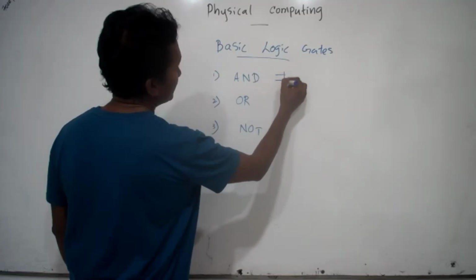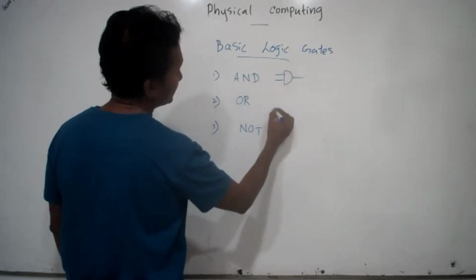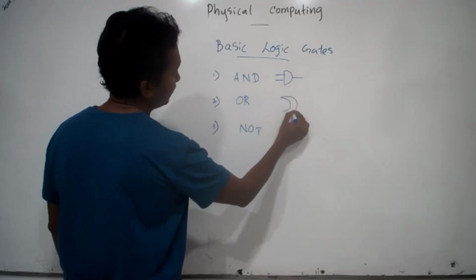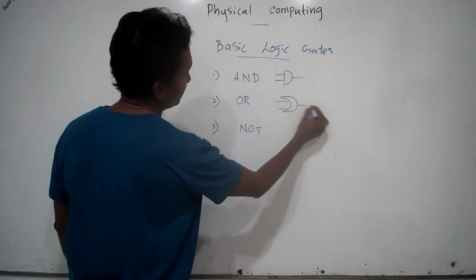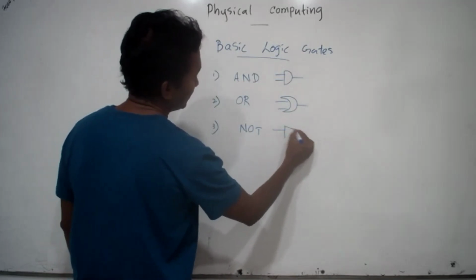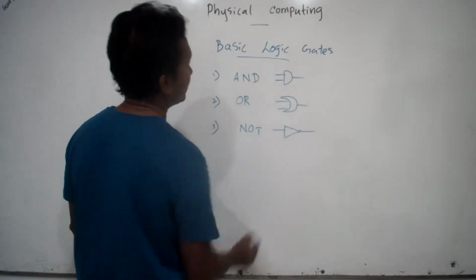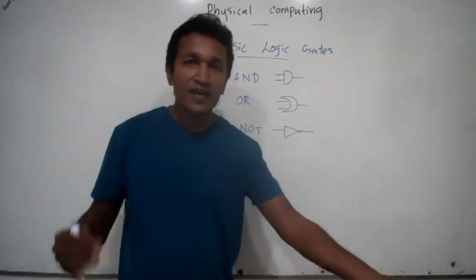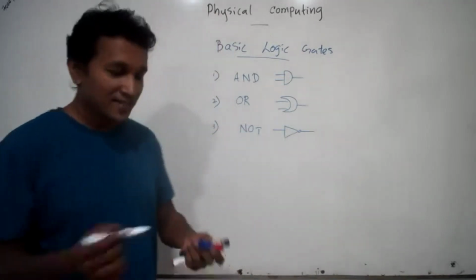Right? This is the symbol for each gate. These are the basic logic gates. So there are other logic gates.